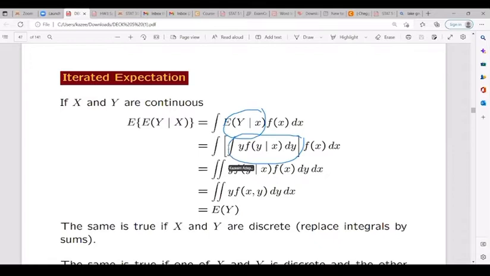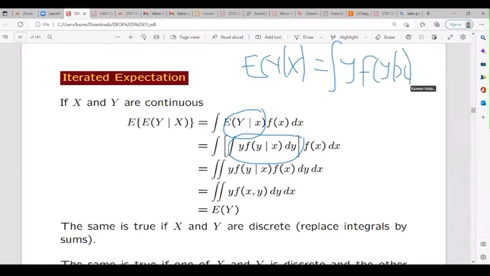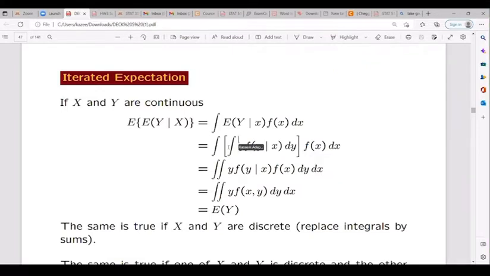Don't forget, the expected value of y given x is basically the integral of y times f of y given x dy. Then this is the y. That's what you see inside here, right? And this f of x is the one here. Now I'm having two integrals, right? Then write the whole thing that you have here. Now when you write the whole thing, take a look at this guy.